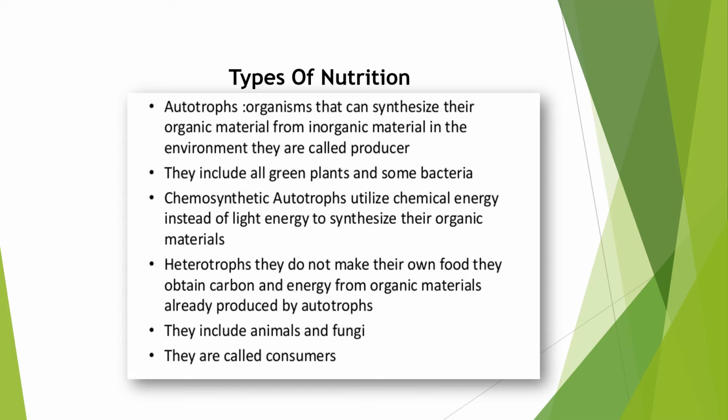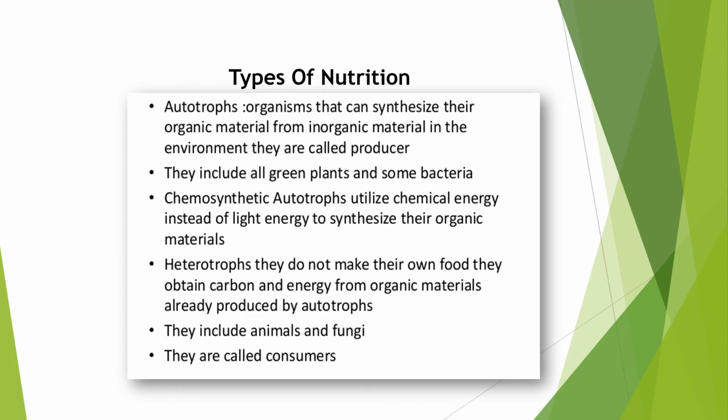Chemosynthetic autotrophs are autotrophs which utilize chemical energy, certain chemicals, instead of light energy. Like autotrophs use sunlight to prepare food, chemosynthetic autotrophs require certain chemicals to prepare their organic material.